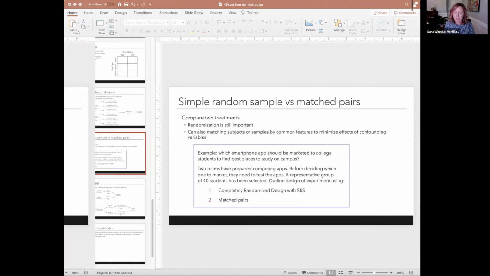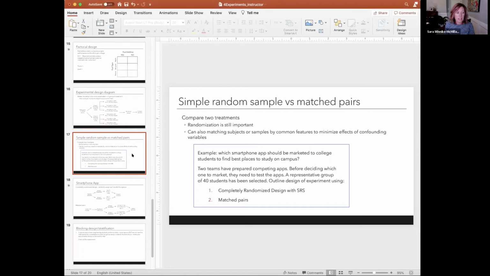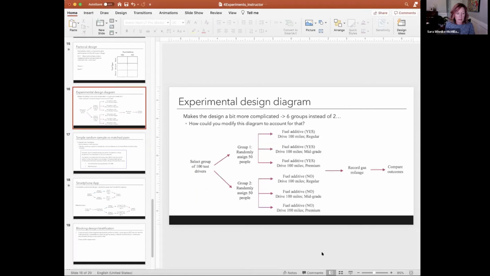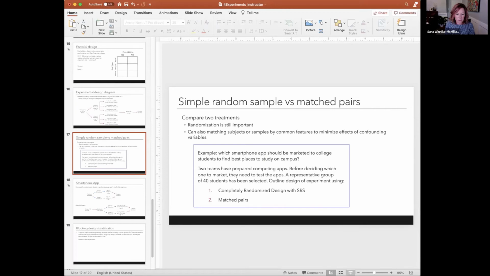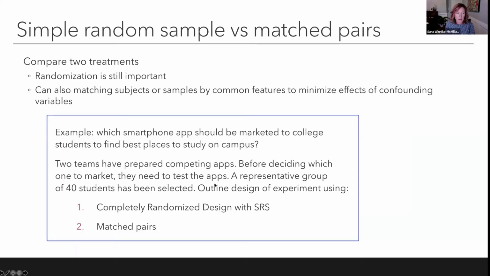Okay. Yeah, so this is your smartphone app. I want you guys to go through this in your small groups, so I'm going to give you some breakout rooms to talk through this part. The idea here is that, if I can go back to the full screen, we're going to try to compare treatments in this example. We're going to try to do them with the different types of experiments we've talked about, but one we haven't talked about just yet.